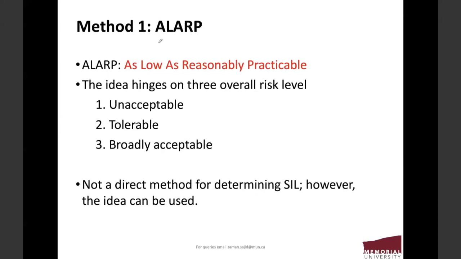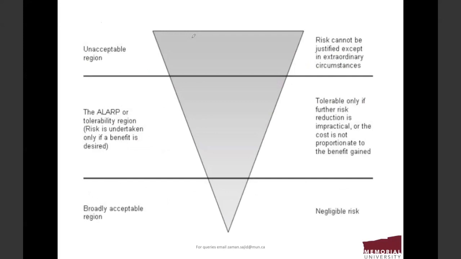When we say ALARP in safety and risk engineering, we have a triangle. At the bottom of the triangle, we have risk which is completely negligible. However, at the top, we have risk which cannot be justified. This is a completely unacceptable risk level.